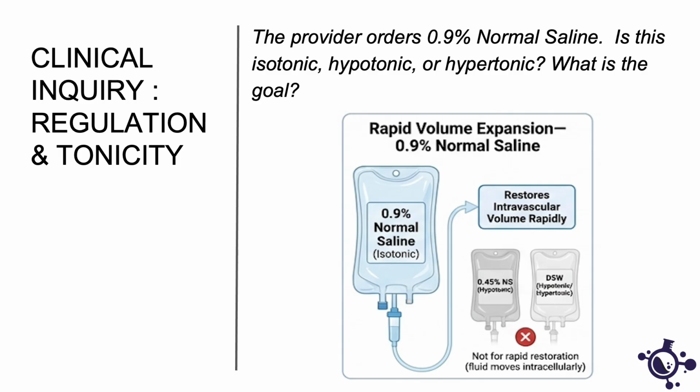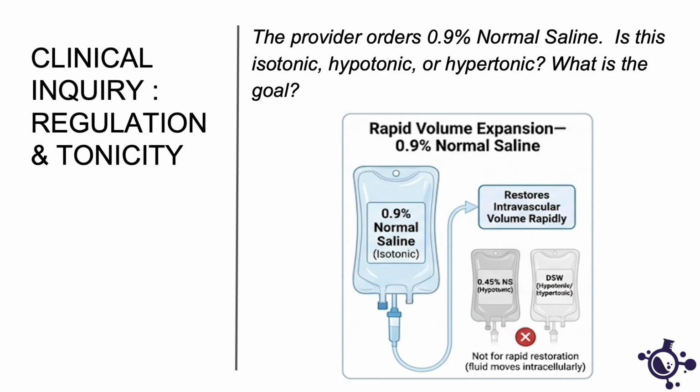Okay, so again, isotonic means the solution is pretty similar to our normal body composition in terms of that particular electrolyte and water. So the 0.9% normal saline shouldn't really cause much of an intracellular fluid shift.